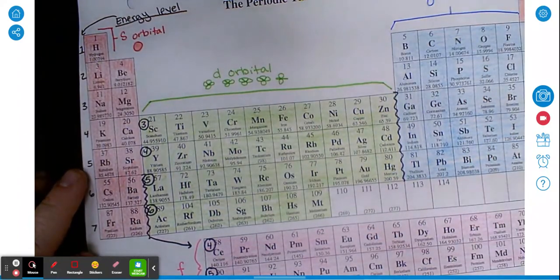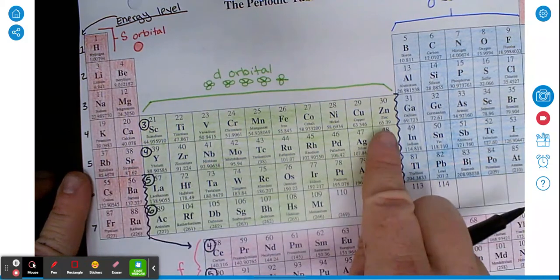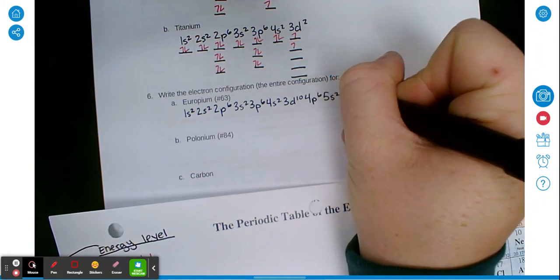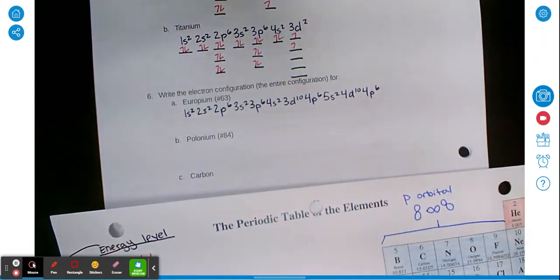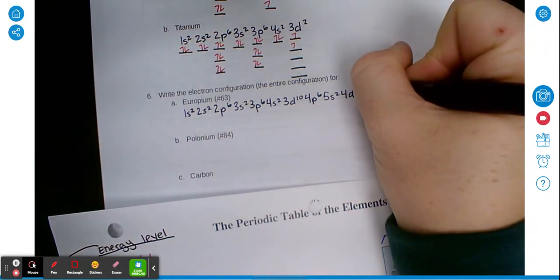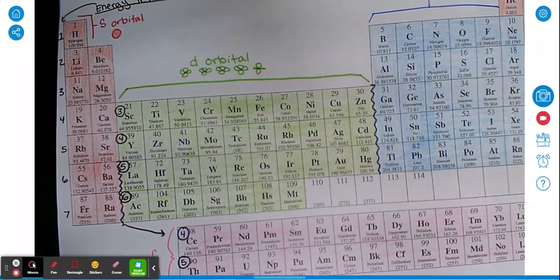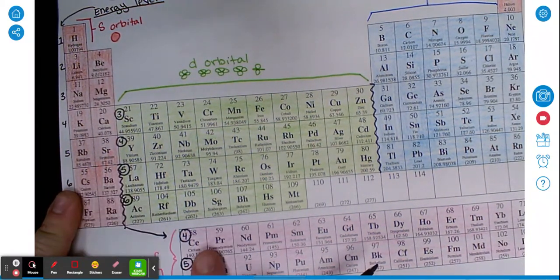All right, energy level 5. 5s2, 4d10, 5p6. Bad teacher. 5p6. All right, and energy level 6. 6s2, now jump down.